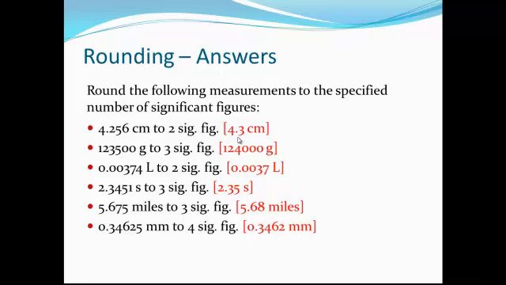Some of them are quite challenging, like number 2, where you can see 3 as the last significant figure, and you have to round the 5 up to it. It's a 500, so now you look at the special exception. 3 is an odd number, so you round 1 up to it. So you write 124,000 grams. And finish the rest. I want you to achieve 100% understanding before we move to the next section.